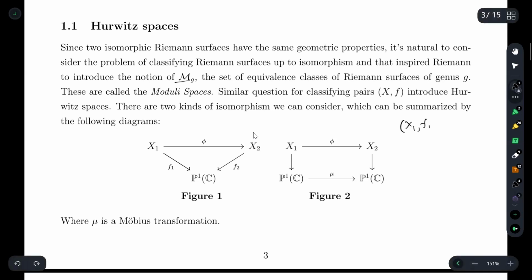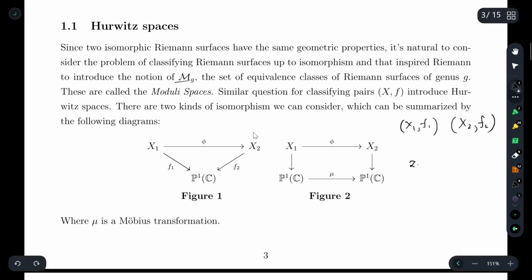The second notion is between two pairs (X1, f1) and (X2, f2), where f1 and f2 are maps from Xi to P^1(C). This notion is that there is an isomorphism between these two Riemann surfaces such that this diagram commutes, where mu is a Mobius transformation, or a fractional linear transformation.